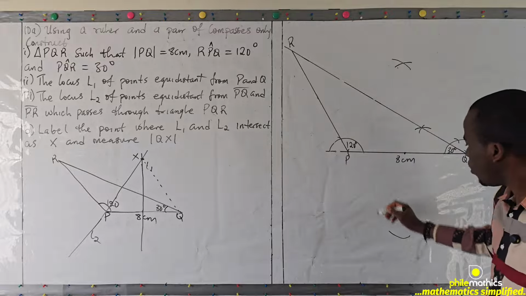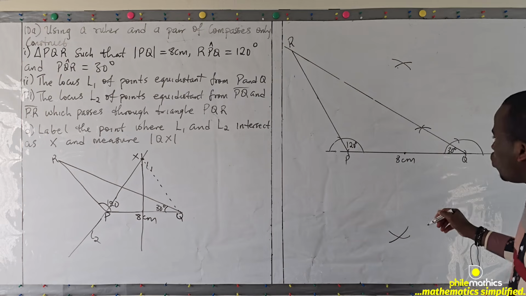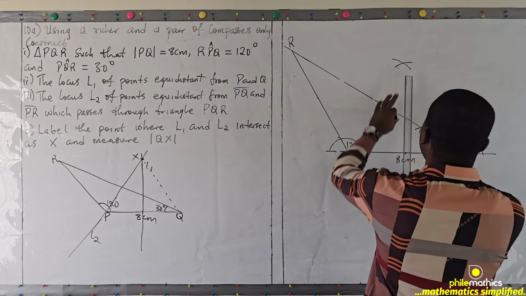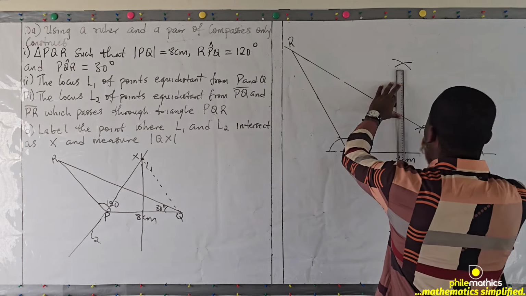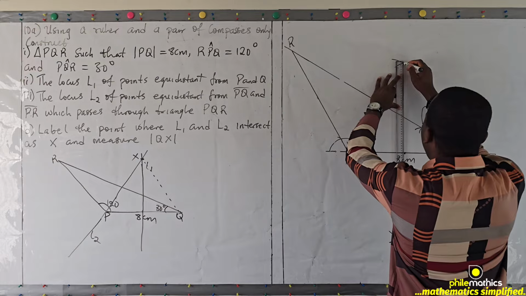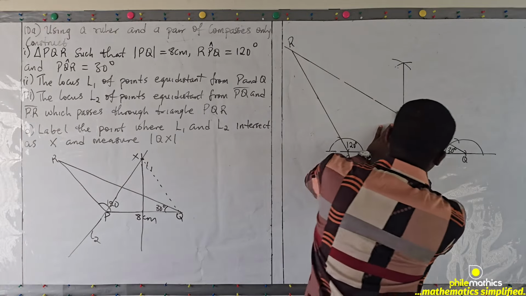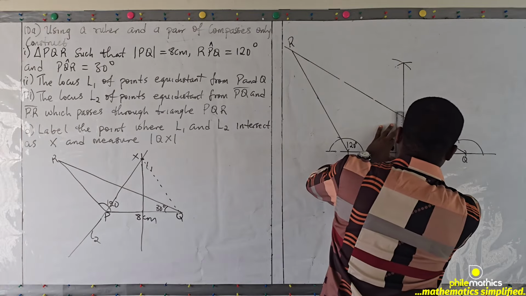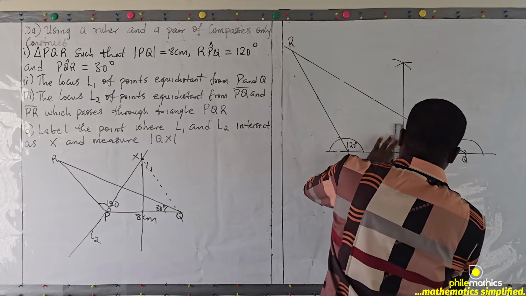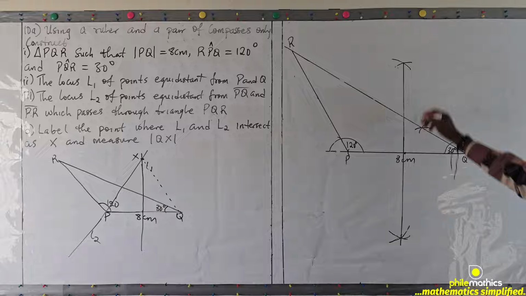Without adjusting it, place it here and cut. And then join these two together. So this is our L1 of point.